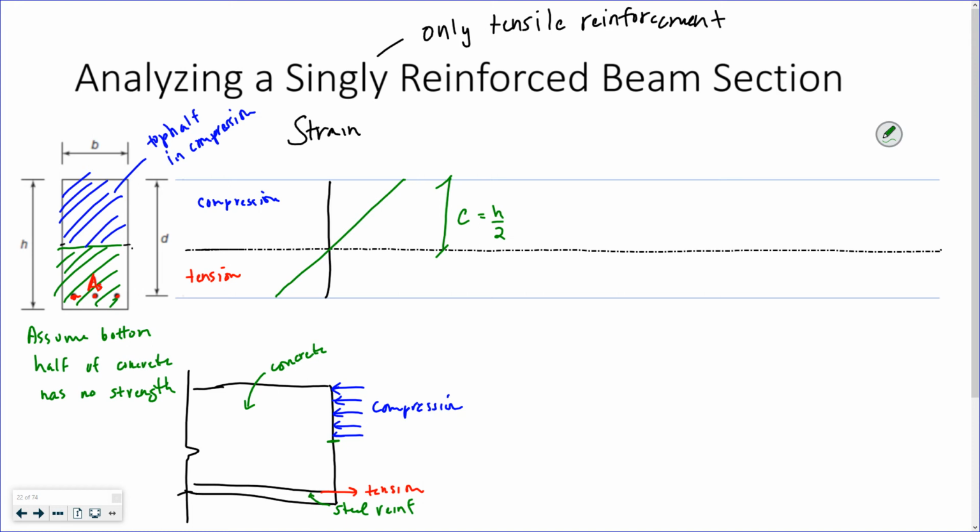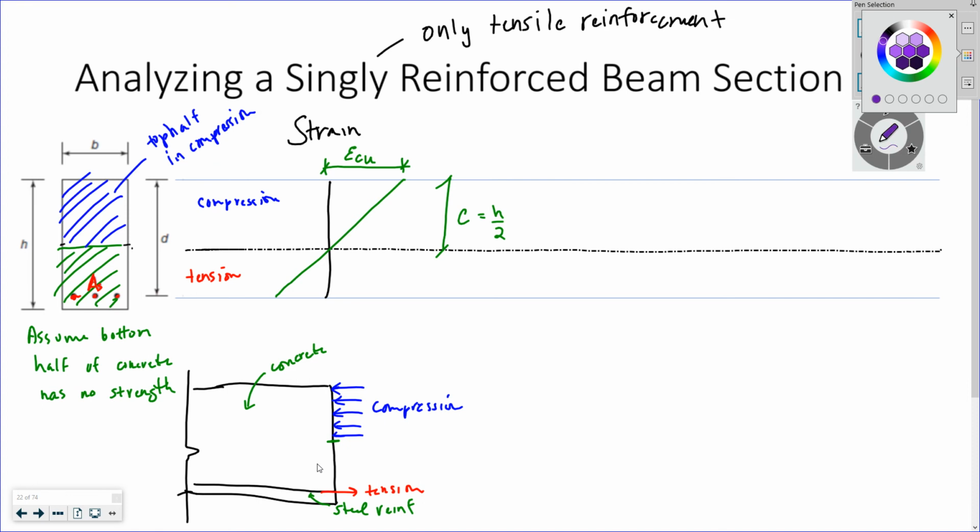And then I'm going to also define my strain values. I'm going to assume that the strain in the extreme compression fibers, so all the way up at the top, has a value of epsilon_cu, which is the ultimate compressive strain of concrete.